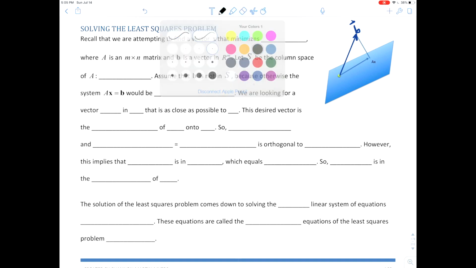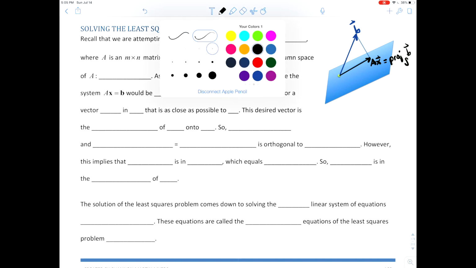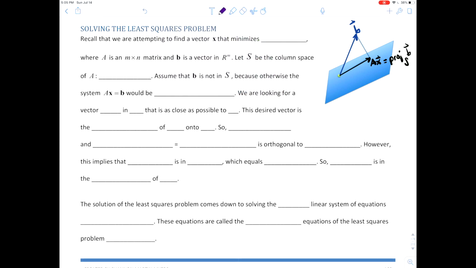And then this vector here is going to be A times X, which is equal to the projection of the vector B onto the space S. And because we've made this orthogonal, this distance right here, it's a vector, is actually B minus the projection of B onto S. Cool?